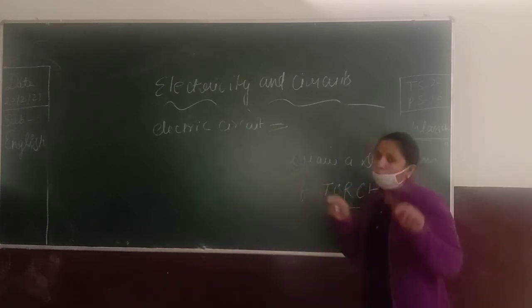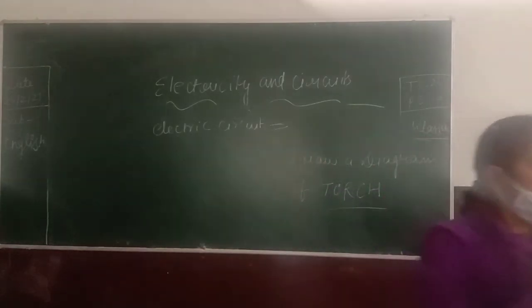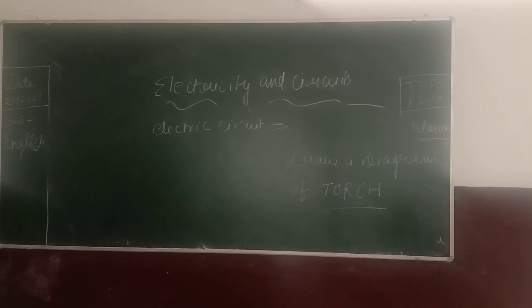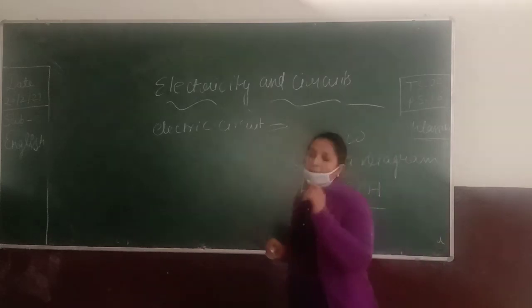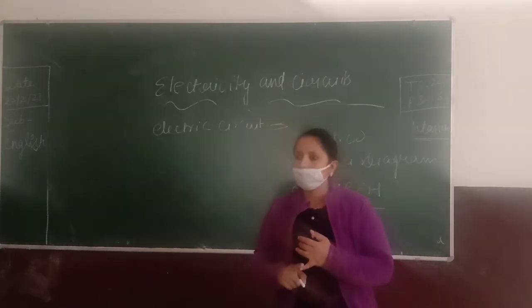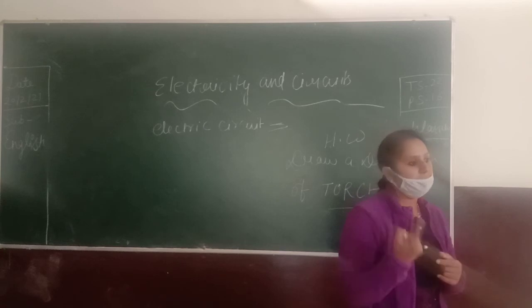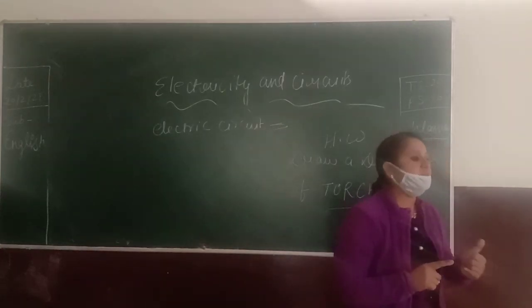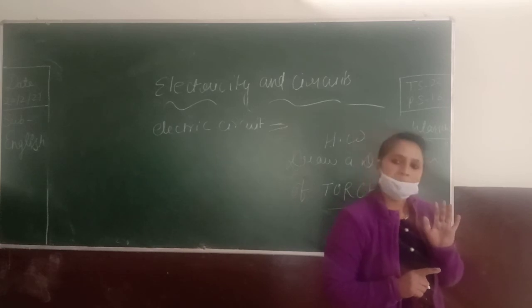Okay, inside view. You have to draw the diagram of the inside structure of a torch. Clear? So this is your homework. I will check it, and on Tuesday I will also collect your activity. Your activity will be collected on Tuesday, and I will give you marks in the subject on the basis of that activity. Okay.